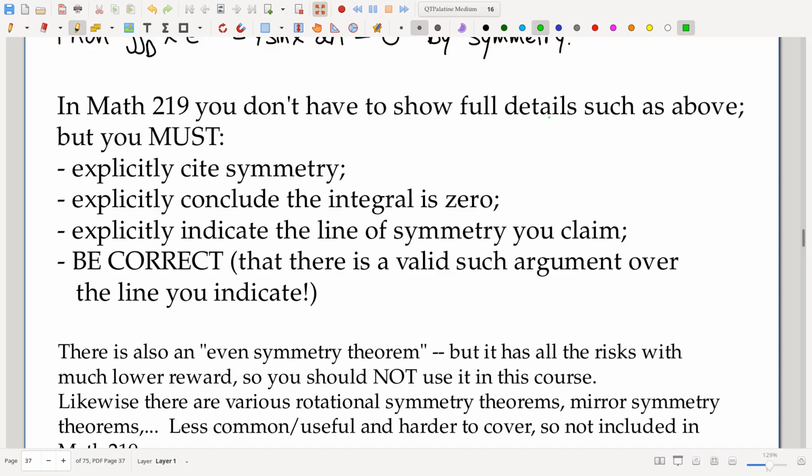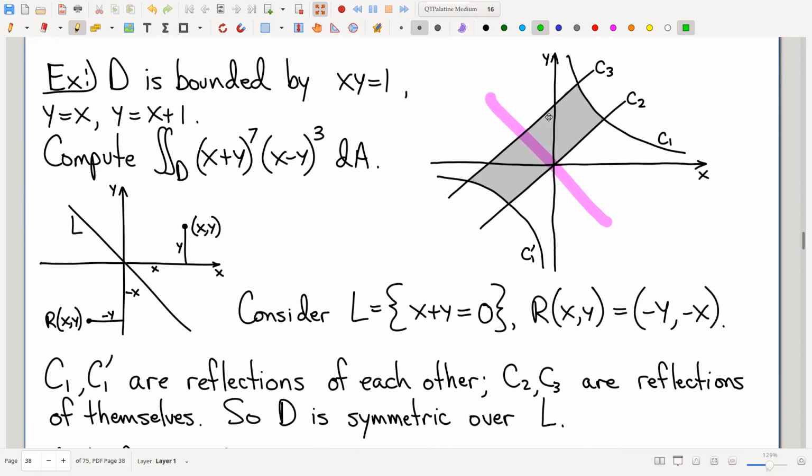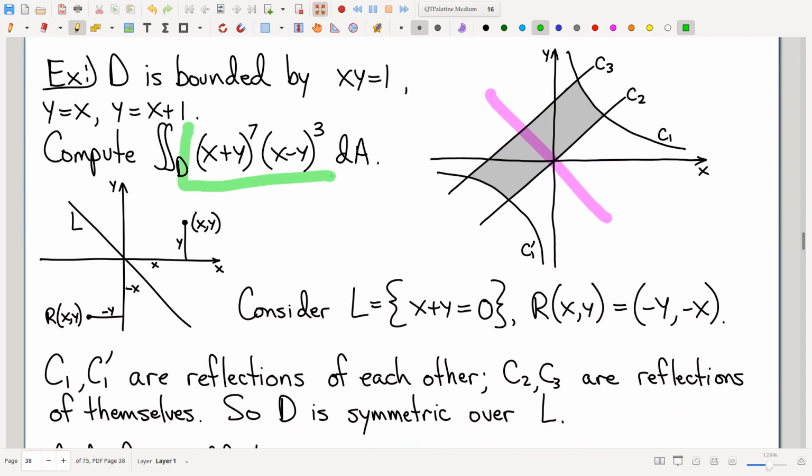You can only know that there's a valid symmetry argument if you know that this integrand is actually odd. How would you know this integrand is actually odd? The fact that the numbers here are odd is not enough to do it. It doesn't work. You have to look at the whole thing, and how the reflection works, it's really not obvious how this is going to work.